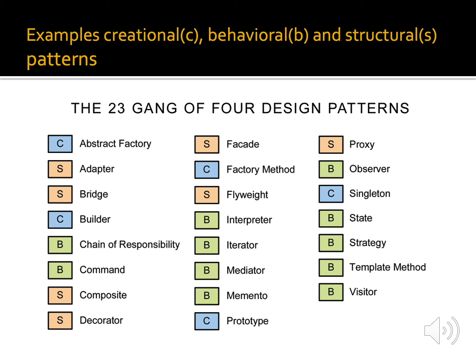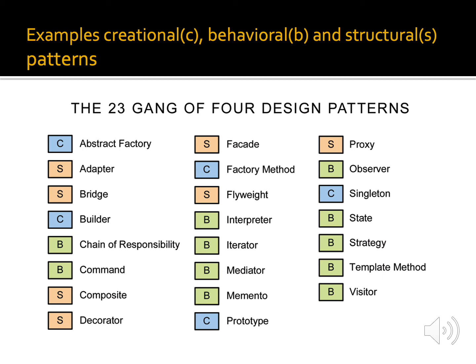These are the basic listing of the 23 design patterns proposed by the Gang of Four, and you can clearly see their division into creational, structural, and behavioral categories. The blue boxes show the patterns in the creational category, the brown in the structural category, and the green in the behavioral category.